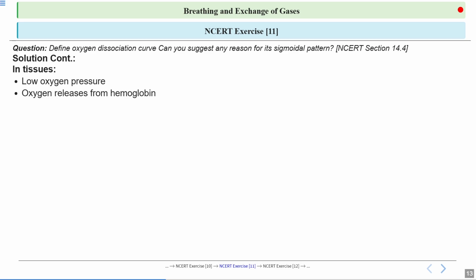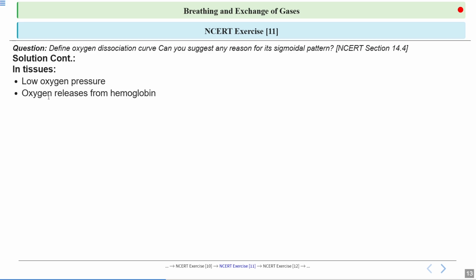The artery or the capillary that reaches the tissue has a high pressure of oxygen, but not the tissue, right? So oxygen releases from the hemoglobin. When the tissue has a high concentration of carbon dioxide, the hemoglobin can sense that. And what happens?